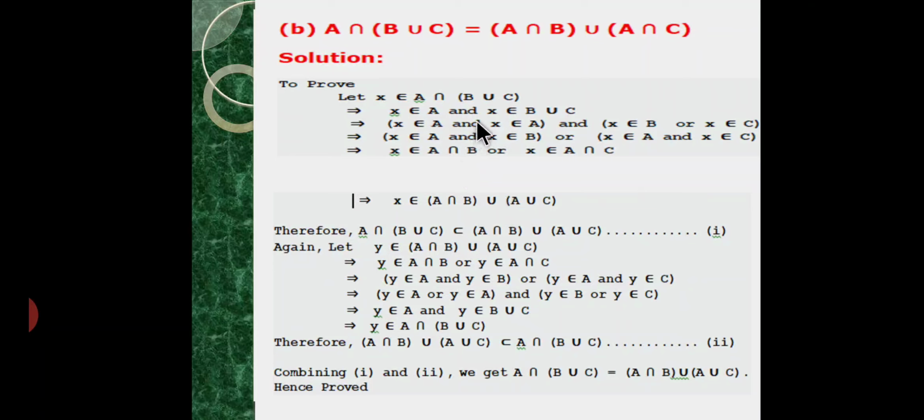So A intersection (B union C) is a subset of (A intersection B) union (A intersection C). Let it be equation 1. Similarly we prove (A intersection B) union (A intersection C) is a subset of A intersection (B union C). Let it be equation 2. From 1 and 2 we get A intersection (B union C) is equal to (A intersection B) union (A intersection C). Hence proved.